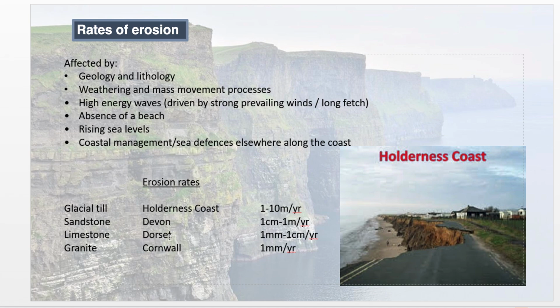We're going to go on to look at a case study of Dorset in the next lesson, looking at the different types of rocks and main features of the Jurassic coastline in Dorset. But you'll see that basically this rock is a lot harder to erode, so it has much slower rates of recession or slower rates of erosion. And then granite cliffs in Cornwall, perhaps only 1 millimetre a year, so you wait a long time to see those cliffs change.